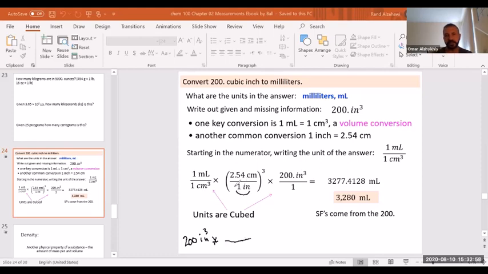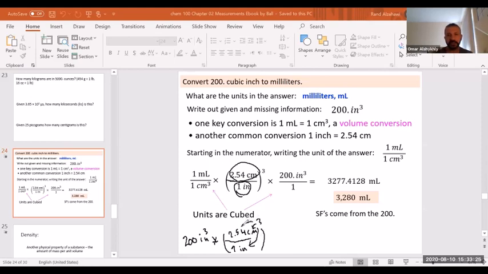Each 1 inch equals 2.54 centimeter. So here 2.54 centimeter, 1 inch. But be careful, guys, here there's a cubic. So I will raise everything here to the cubic. That means this cubic will be for the centimeter and for the inch.